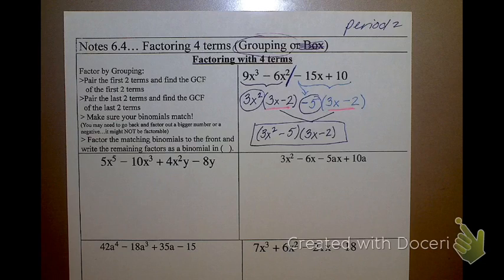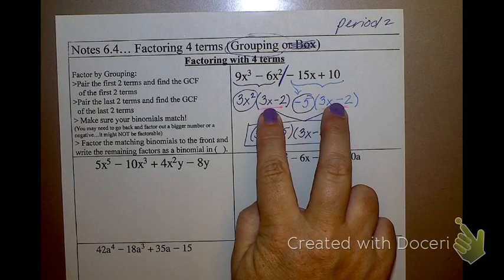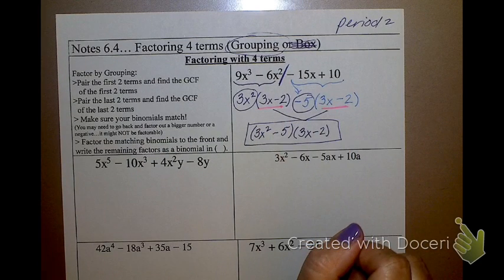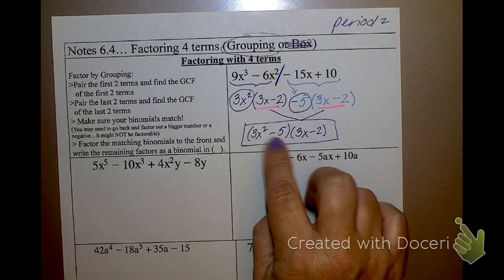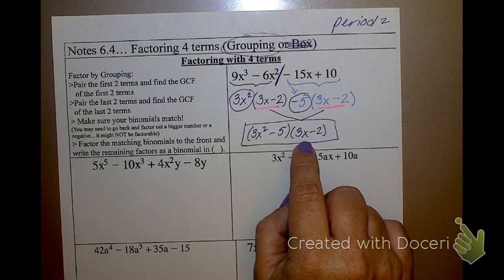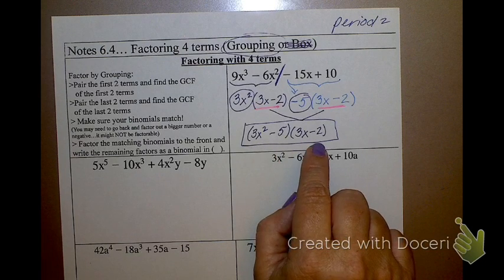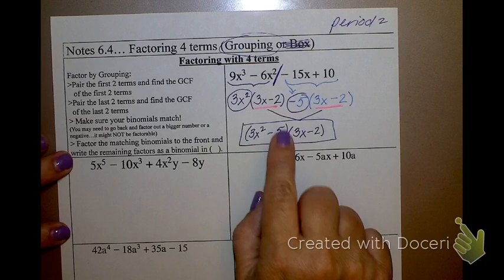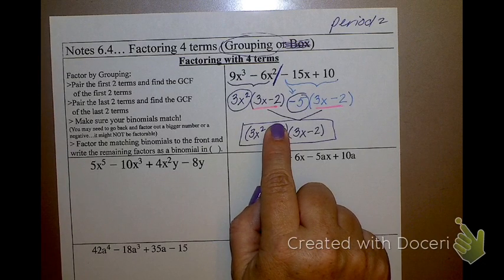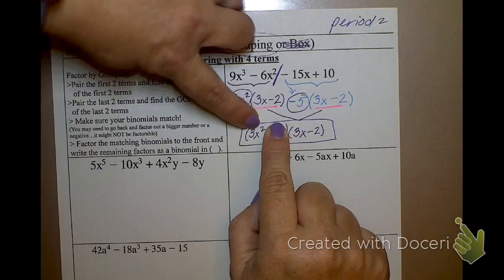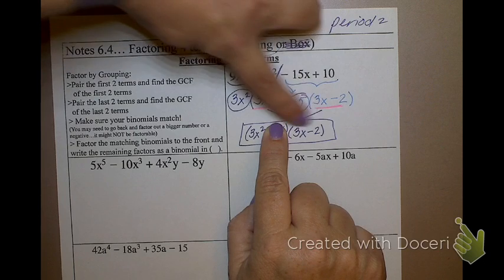Now let me explain why you only write the 3x minus 2 once. Do you remember when I taught the multiplying polynomials using the distributive method? Not the box method, but the distributive method. If I were to multiply these 2 polynomials, I took the 3x squared, I pretended like this second term didn't exist, and I distributed 3x squared through 3x minus 2.